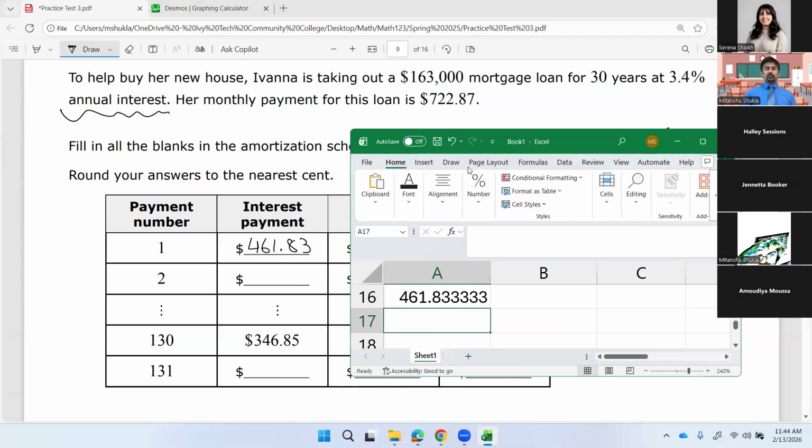Well, it's this $722.87, minus my interest payment, 261.04 rounded.